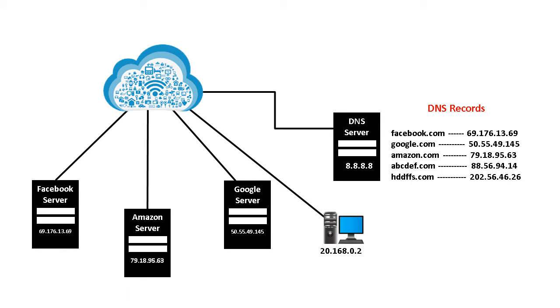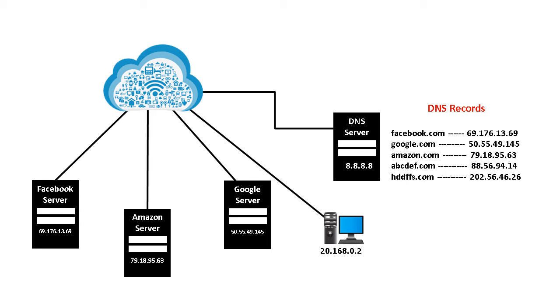But the problem is that it is not easy to remember the IP address of those devices which we want to request in order to access their resources. That is why DNS plays a vital role, letting us remember a short name instead of those complex numbers while we fetch resources across the network.